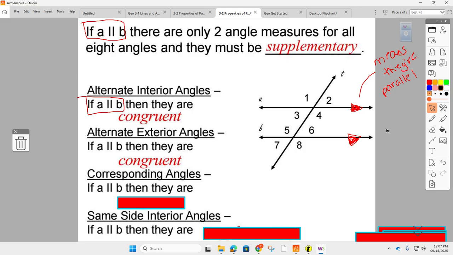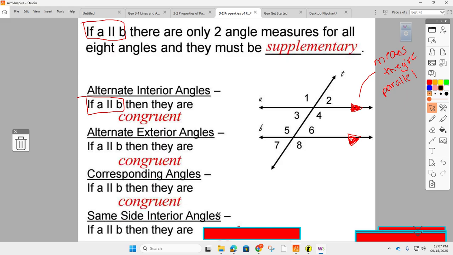They are congruent. So 1 and 5, 2 and 6, 4 and 8, 3 and 7, one inside, one outside. If it doesn't tell you which it is, then it has to be one of each.